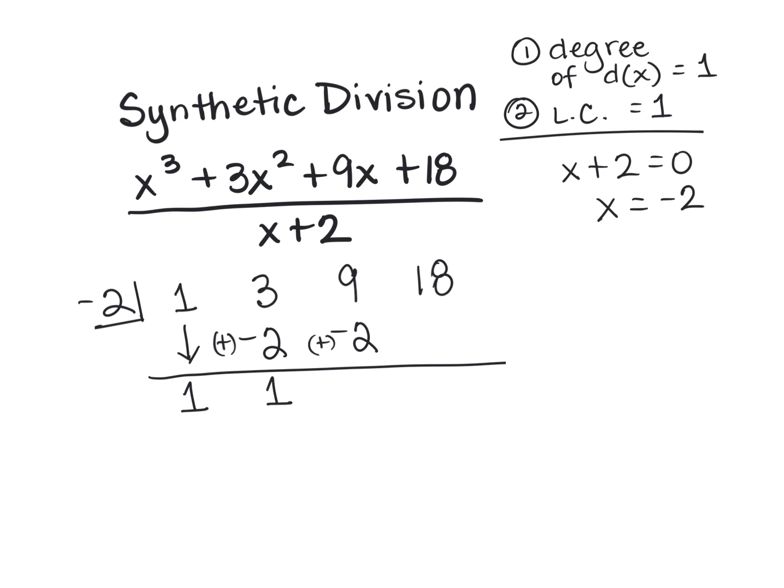So 9 minus 2 gives me a 7. And then I multiply the 7 by what's in the box. So that's going to give me a negative 14, and that goes here. And then I add one more time. So 18 minus 14 is going to give me 4. Now, I draw this line right here because what's beyond it is my remainder.